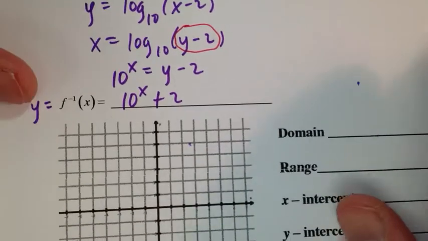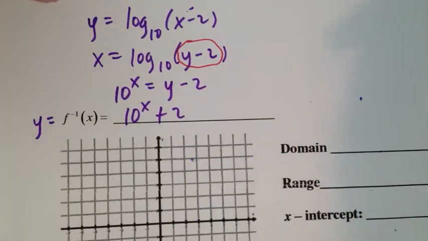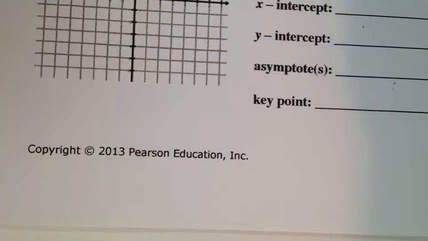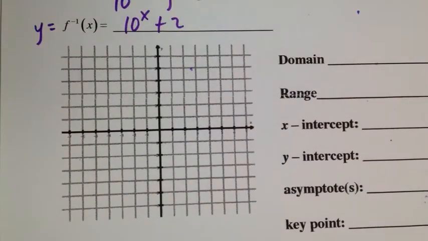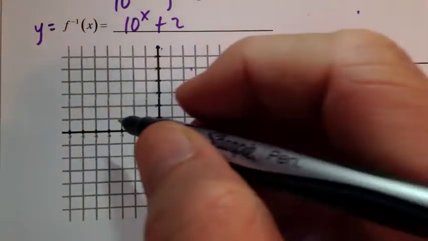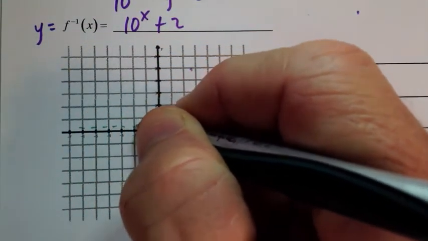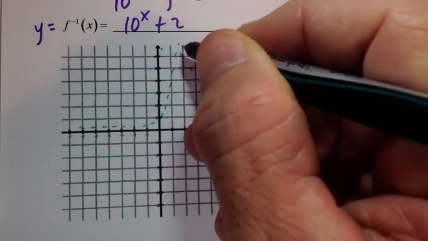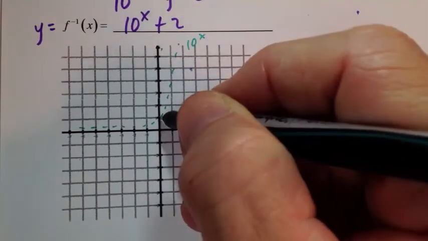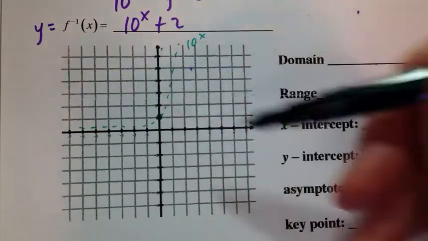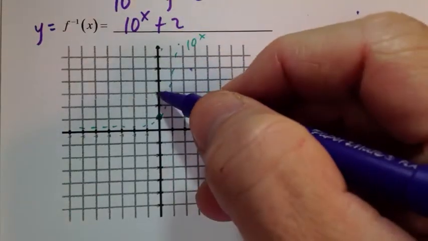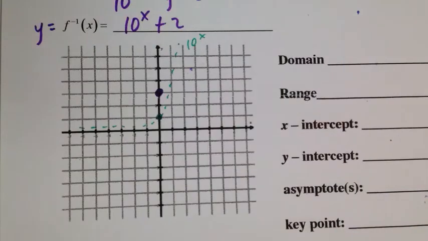Okay, and so now we just reverse that process. Now we could do this a couple different ways. We can just look at the graph of log base 10 of x minus 2 and draw the reflection, or we can just draw y equals 10 to the x, which would look like that. There's 10 to the x, and if we remember, the key point would be 0, 1, and then we move that up 2 units to there.